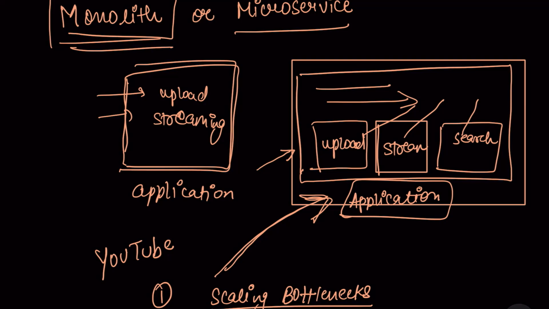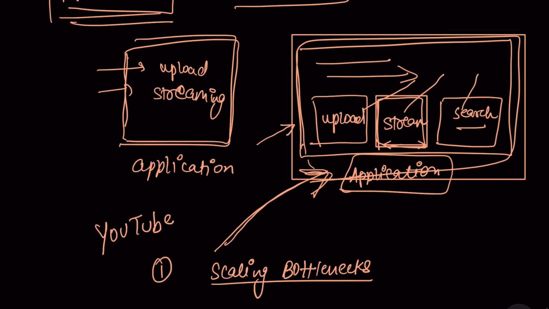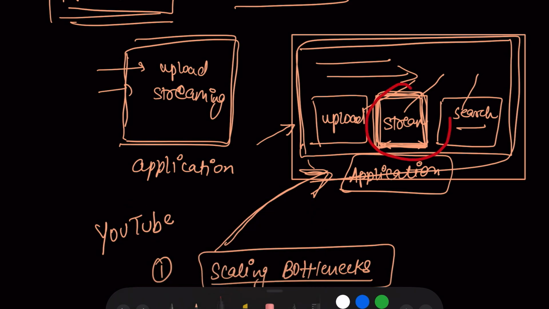So for instance, if the streaming feature requires more resources, the whole system must scale up for it, even the parts that do not need scaling, such as the search. So this is what we mean by scaling bottlenecks. Like if one feature of your product requires to be scaled, the other features like the search, recommendation, likes, dislikes, or even the uploads have to scale also, okay?